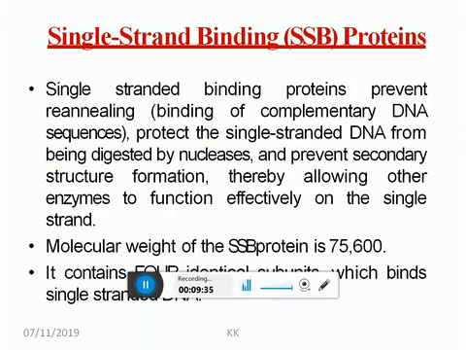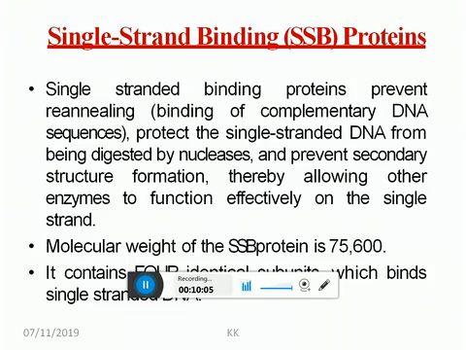Single stranded binding proteins. Next, we are going to see these SSB proteins. Single stranded binding proteins prevent re-annealing, that is, the binding of complementary DNA sequences, and protect the single stranded DNA from being digested by nucleases. They prevent secondary structure formation, thereby allowing other enzymes to function effectively on the single strand.